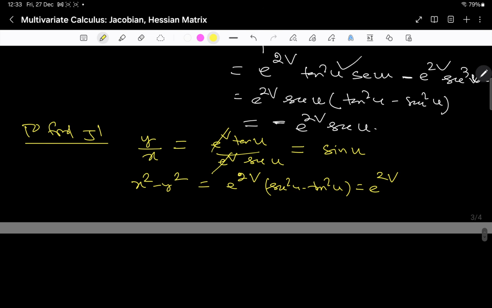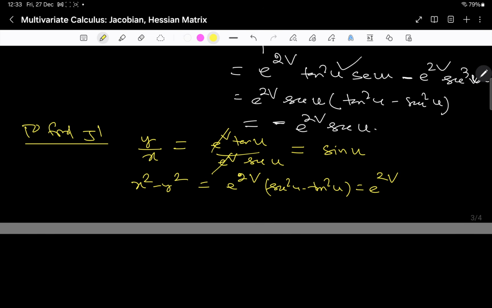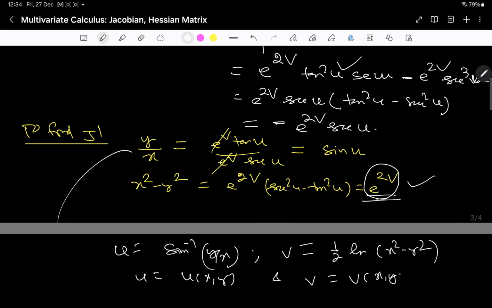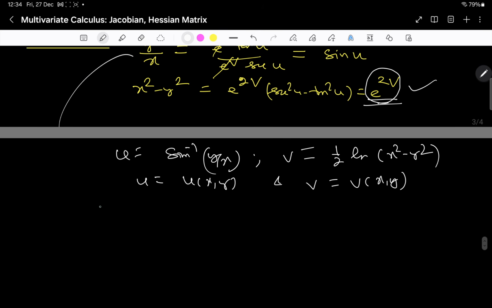This implies u is sine inverse of y by x, and taking log on both sides, v is 1/2 ln of x square minus y square. Now u is a function of xy and v is also a function of xy, so you can find the Jacobian here.